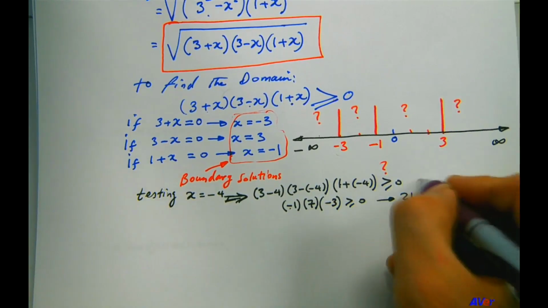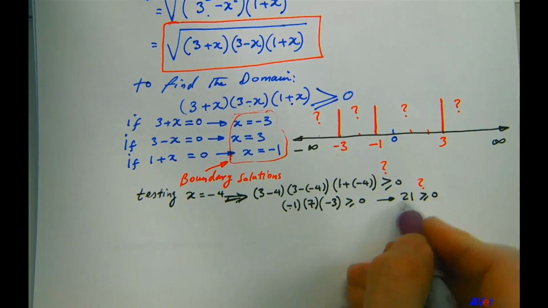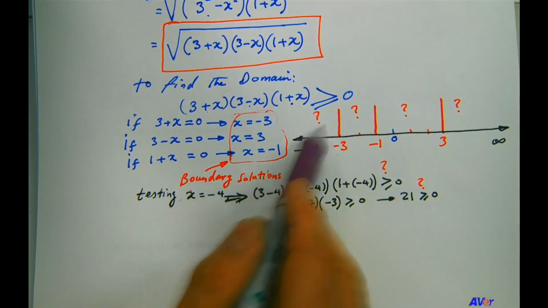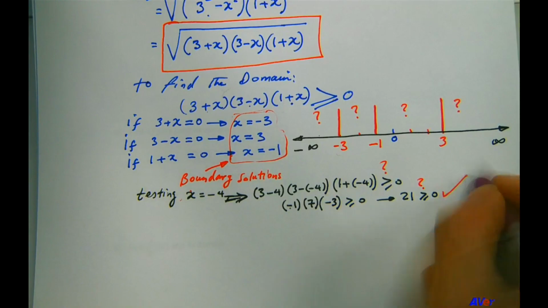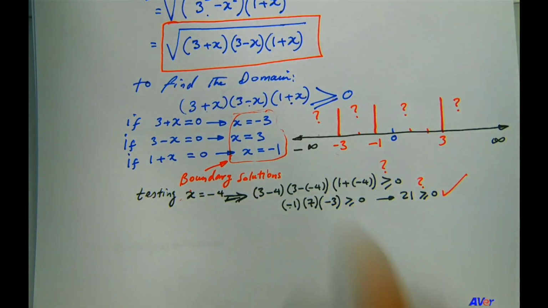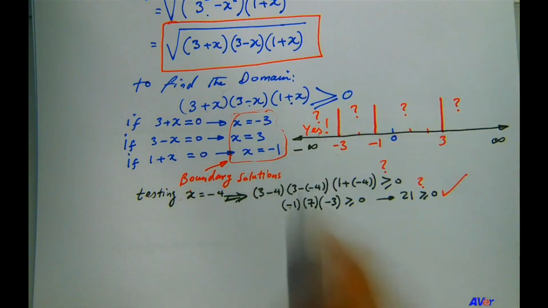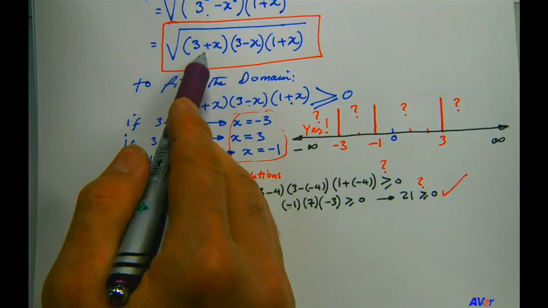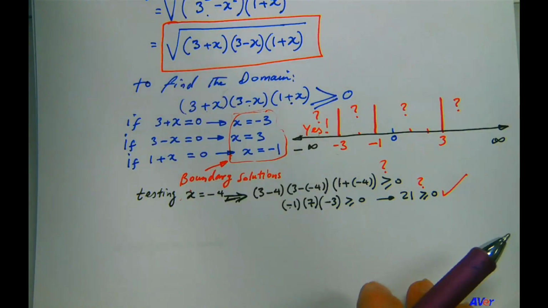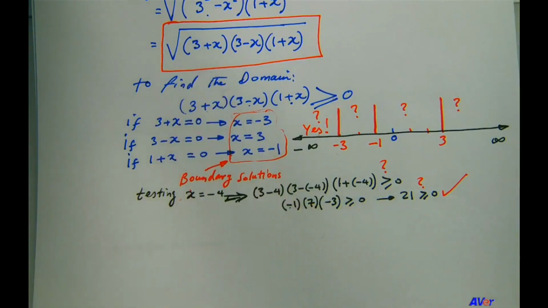Is this a valid statement after we picked a test point in this region? Yes, it is. So it checks out. So this region is part of the domain of the combined function. Not the parent functions, the combined function.